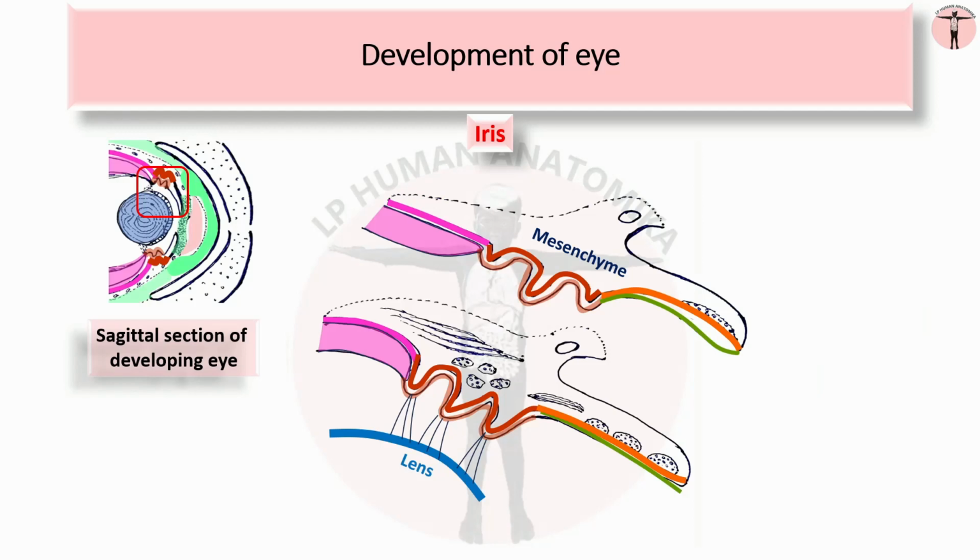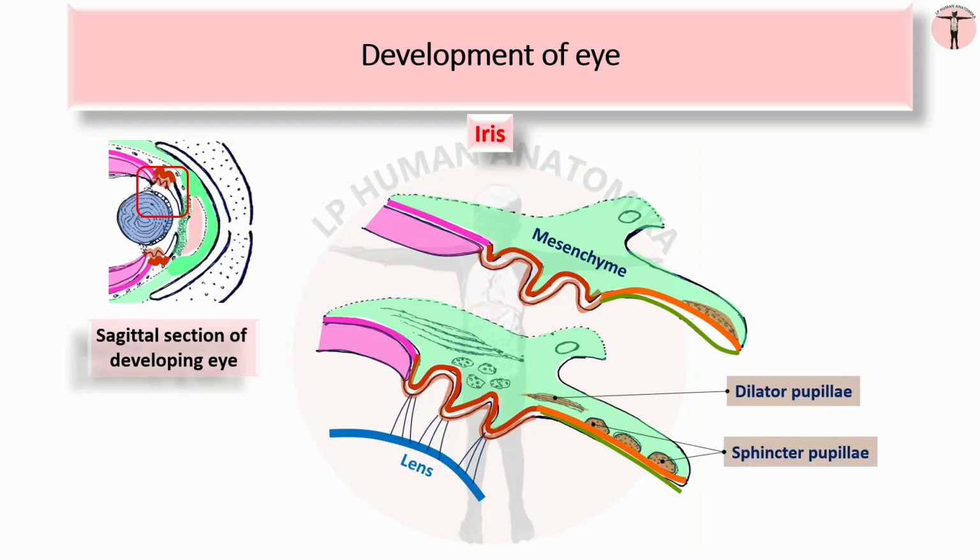Simultaneously, the region between the optic cup and the overlying surface epithelium is filled with loose mesenchyme. The underlying ectoderm of the optic cup develops into the sphincter pupillae and the dilator pupillae muscles in the mesoderm.